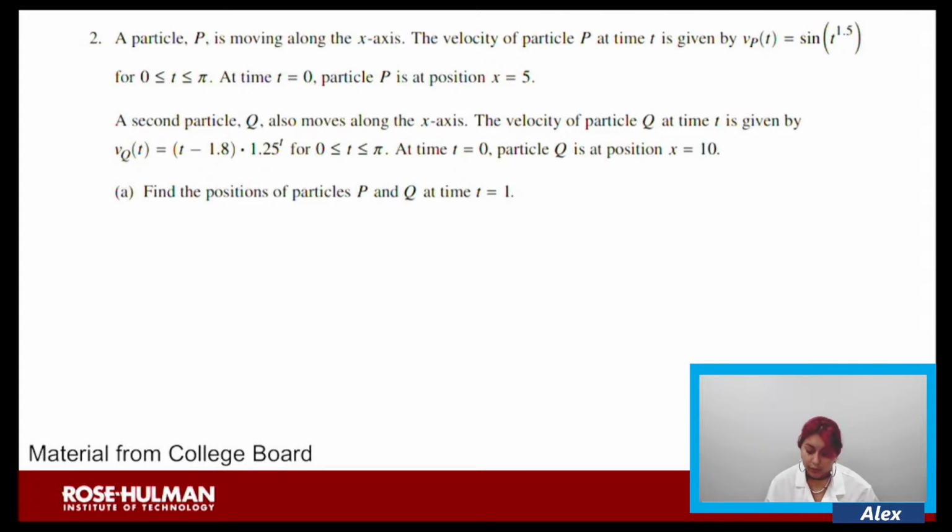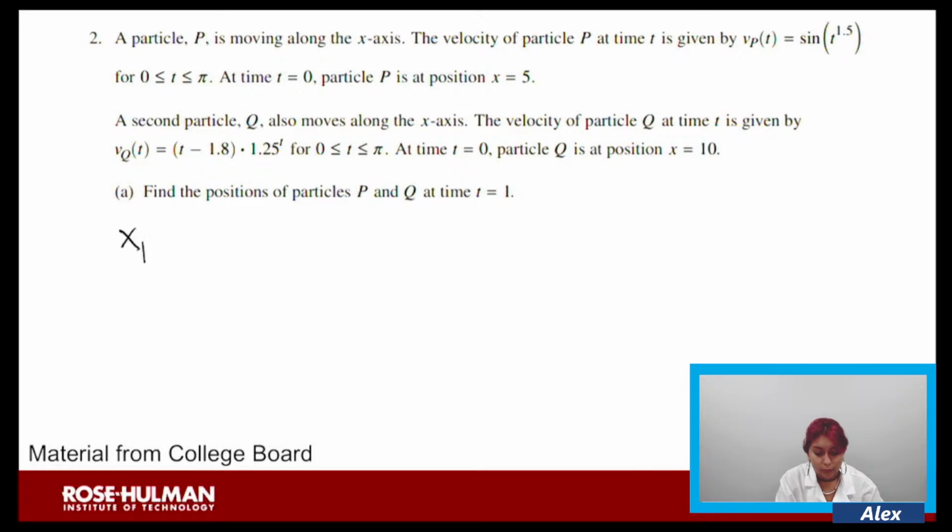So we're given equations for velocity, and we want to find what the positions are for those two. So we have to set up integrals for both of them to find where they would be at t equals 1.